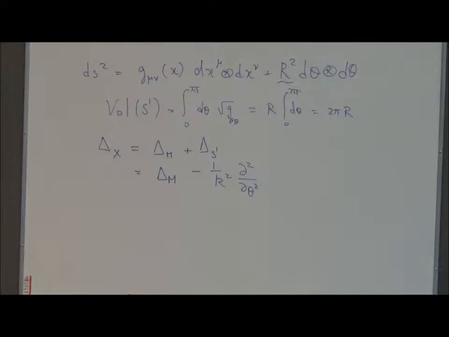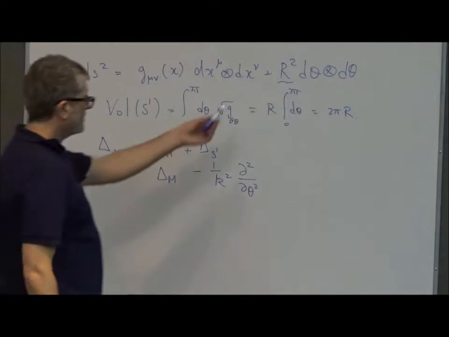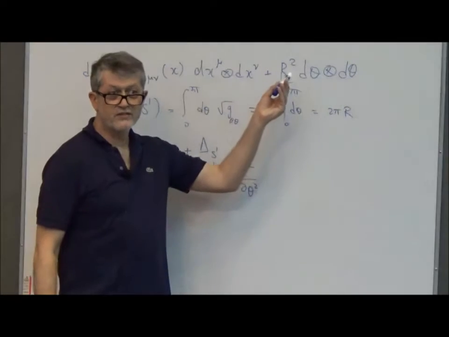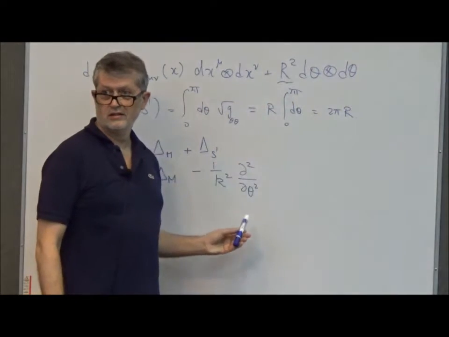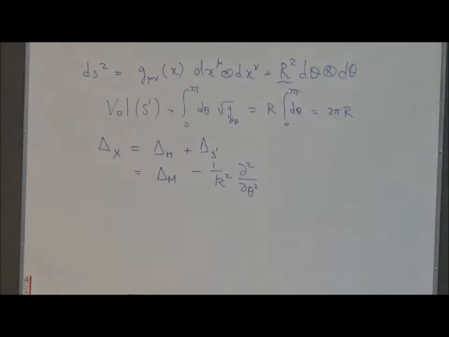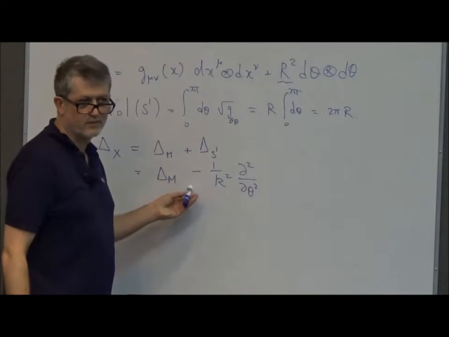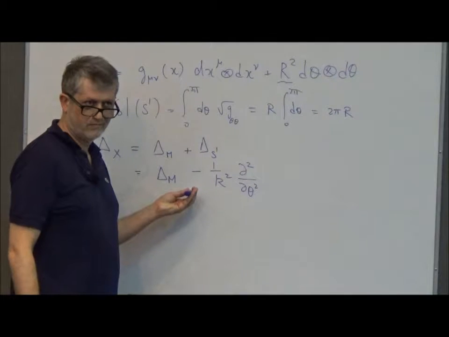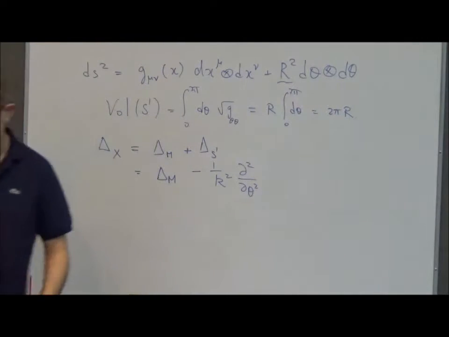So g^mn is the inverse of the g downstairs. The g downstairs in the S1 direction goes like r squared. Its inverse goes like 1 over r squared. Remember, we derived the Laplacian and we wrote it out in terms of the square of covariant derivatives. There was always a minus sign. That's the minus sign that you're looking at there. Okay, so that's that.